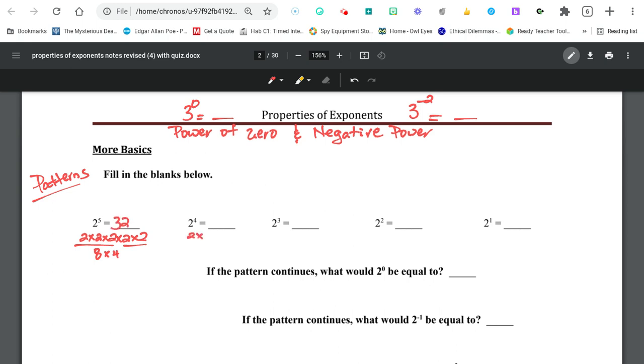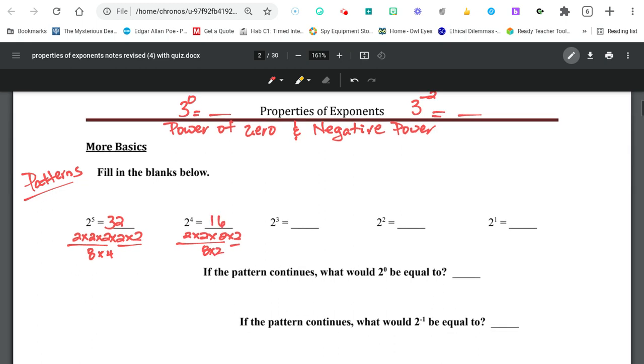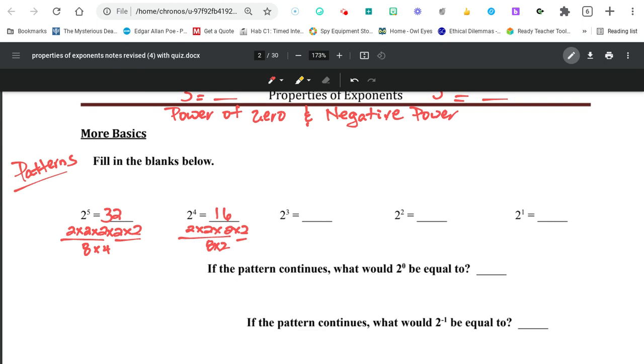And 2 to the 4th power, that's 8 times 2, which is 16. Okay, so I want you to take a look at something. 2 to the 5th power was 32. 2 to the 4th power, when my exponent decreased by 1, my answer changed to 16.